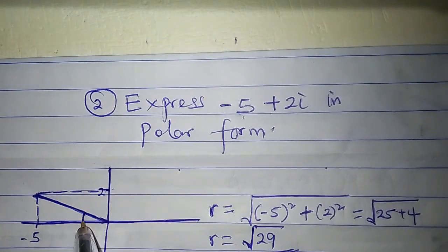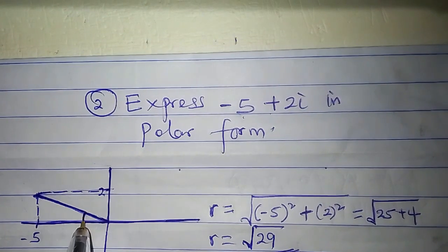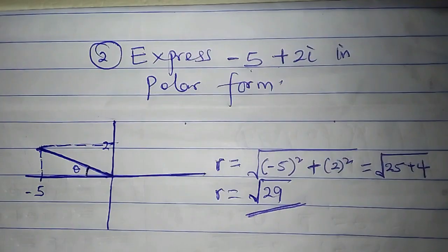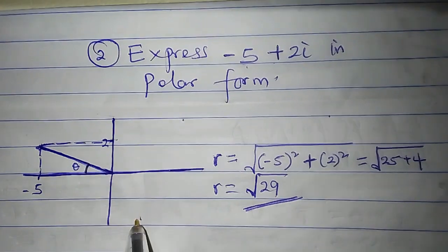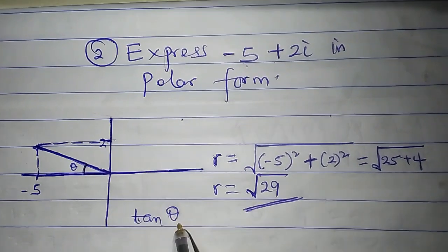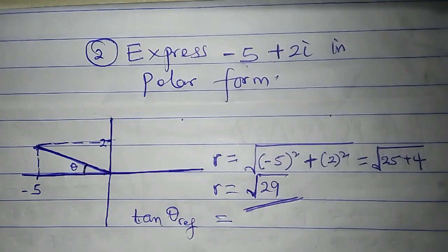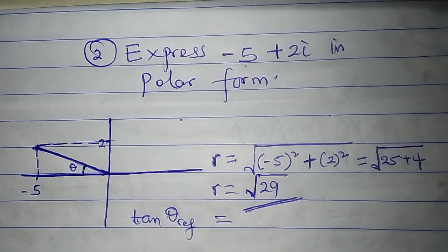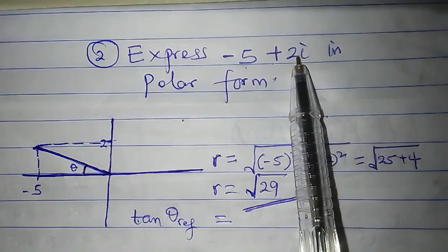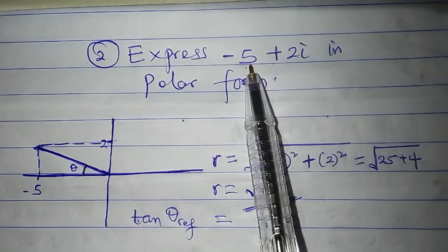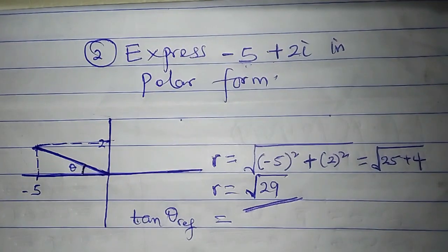This angle here is called the reference angle, okay? The reference angle, let me say theta. Let us determine the value of the reference angle that we have here. Tan theta, which is the reference angle now, is equal to what? B over a. Now take note, b is 2, okay? A is minus 5. I'm going to make use of the positive of the numbers.